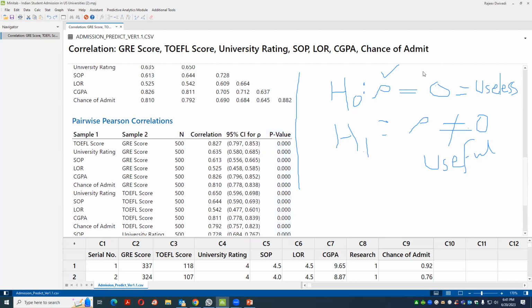So again, when the p-value is greater than the alpha value, the null hypothesis is accepted.